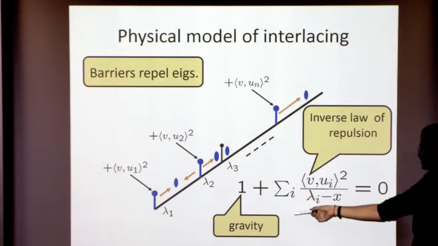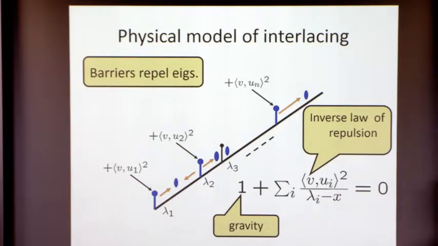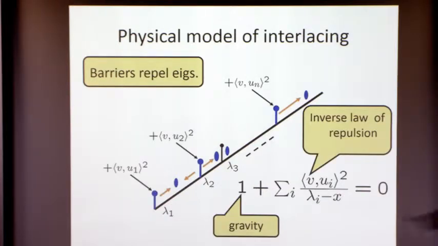So at some point, they reach some equilibrium under all these forces. So there's some upward and downward repulsion, and then there's gravity. And these eigenvalues settle at some place, and this is the location of the new eigenvalues of the matrix A plus UV transpose. But this is just a story created out of this thing that I wrote here, right? But it's useful to think of them that way, as some kind of repelling particles.